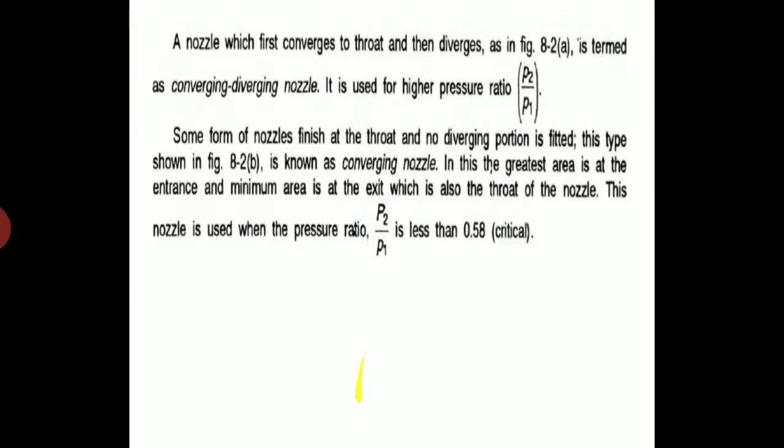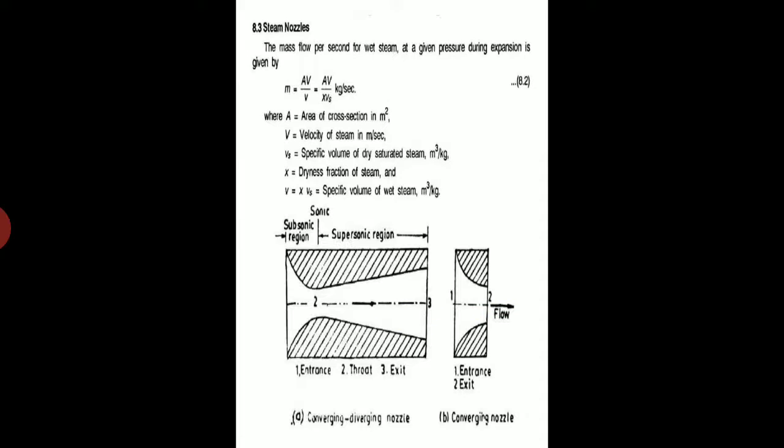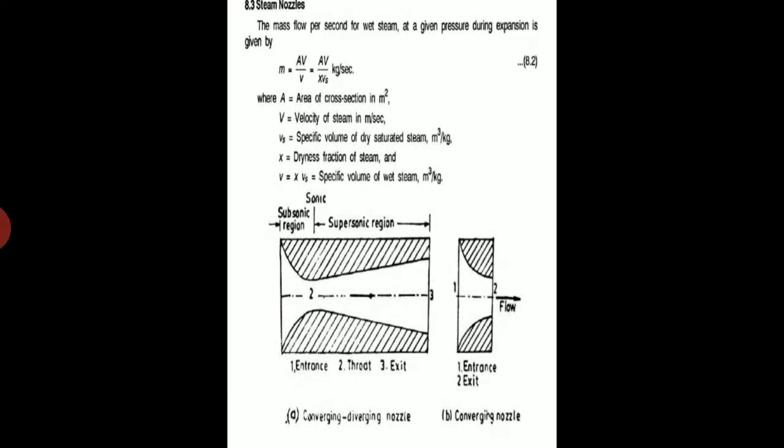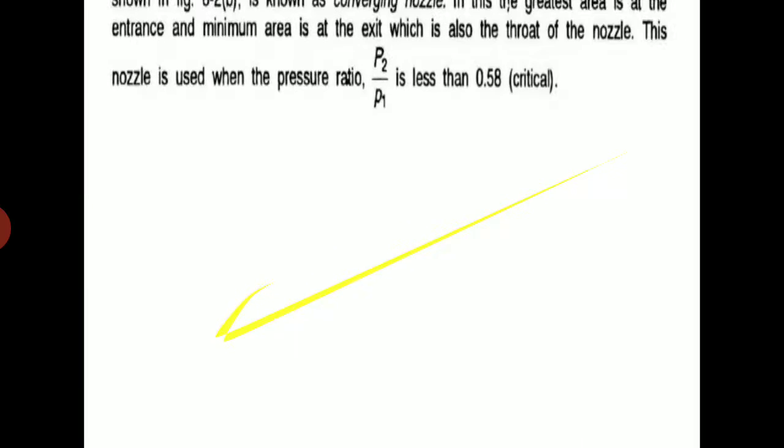Now the nozzle which first converges to the throat, then diverges, as we have seen in figure 2, is termed a converging diverging nozzle. It is used for high pressure ratio.